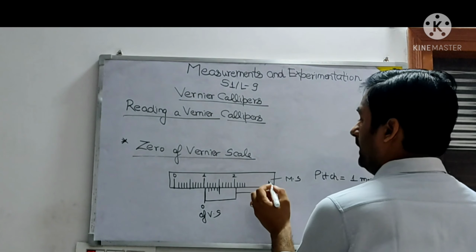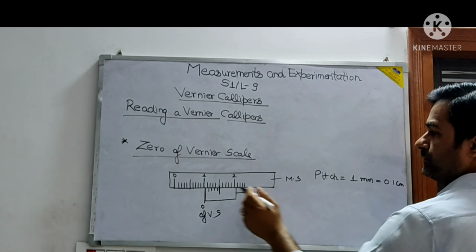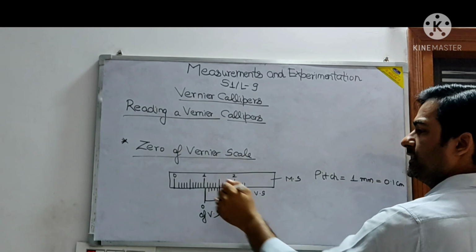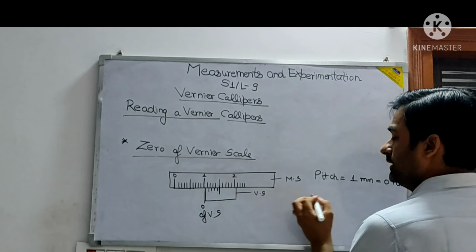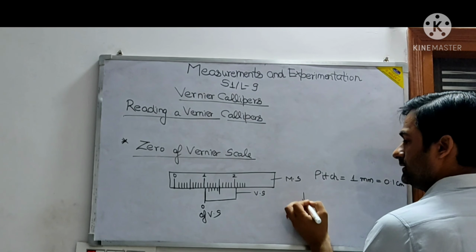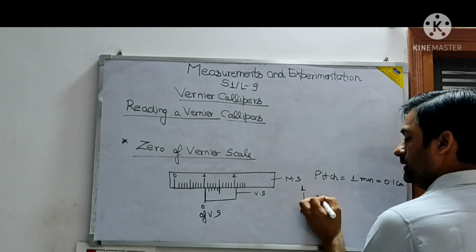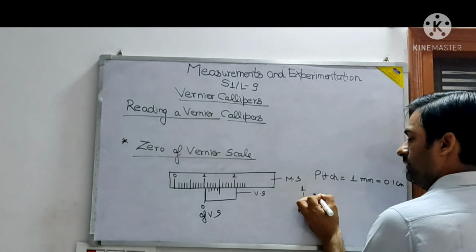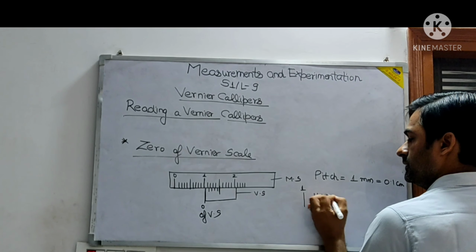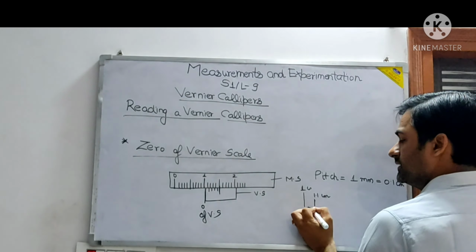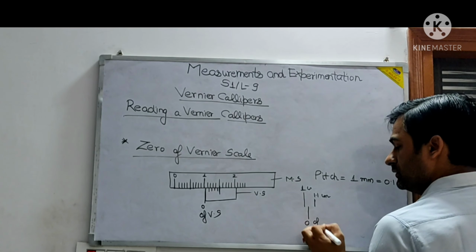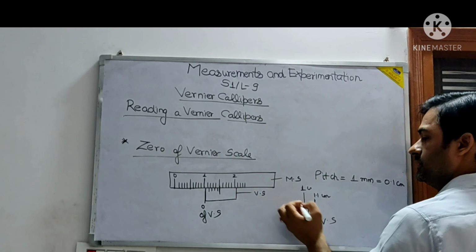So see, this is marked in centimeters only, so this is 1 centimeter. So can I say, if we enlarge it, this is 1 centimeter and this is 1.1 centimeter. Yes or no? And here the zero of VS is lying.